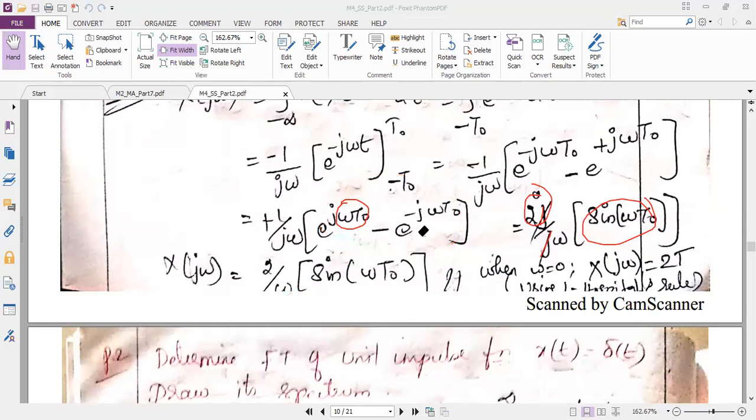Yes, ma'am. Okay. Now, your Fourier transform is nothing but representing the signal in the frequency domain.